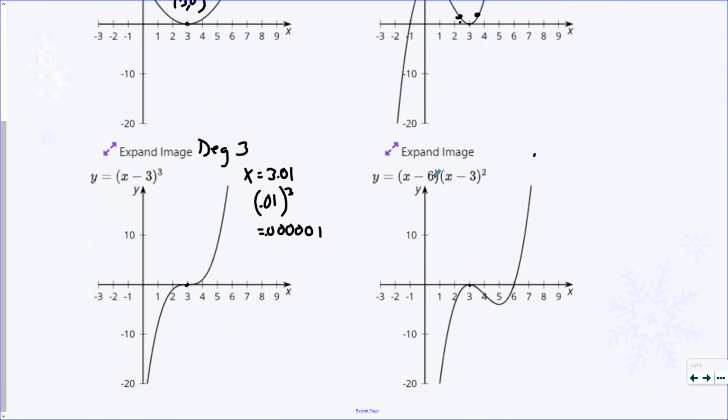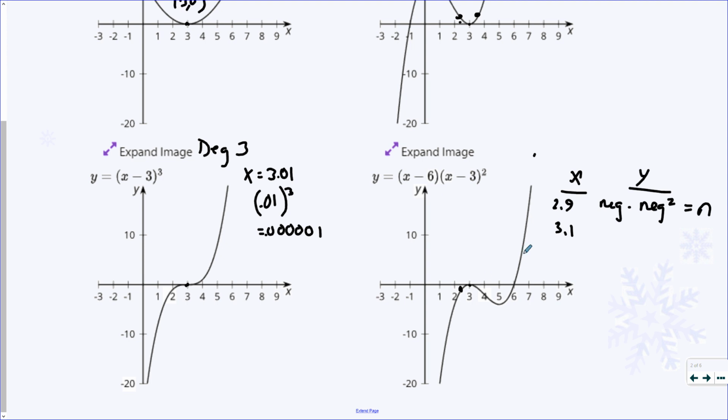So again, the duplicate factors of 3. Let's do the same thing. We're going to have x and we're going to have y. In this case, x is, say, 2.9 and 3.1. If you do 2.9, 2.9 minus 6 is negative times negative squared. Negative times positive equals negative.